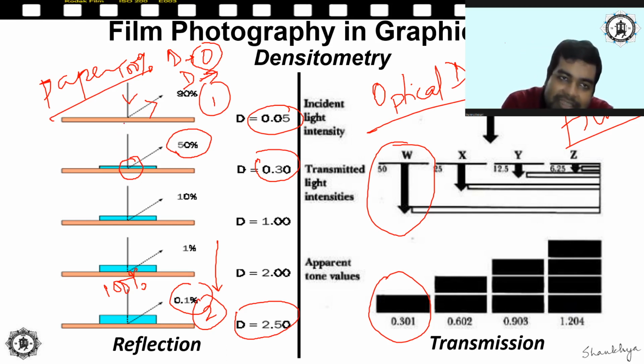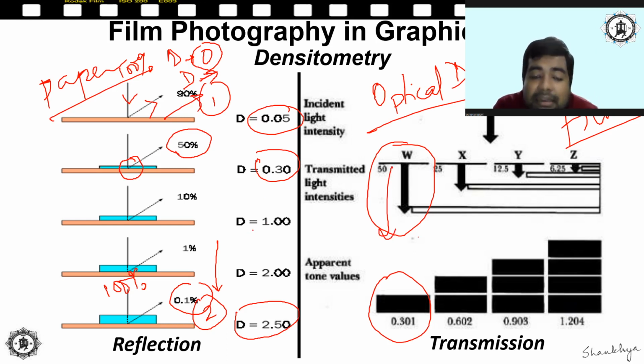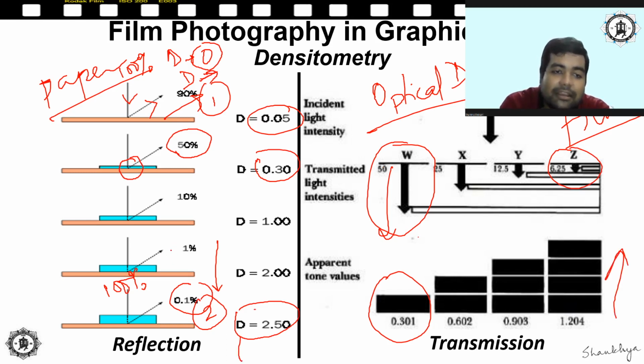That is why most of it is either reflecting back or transmitting. So greater the reflection or greater the transmission of light, lower will be the density, and lower the reflection or lower the transmission of light, greater will be the density. I hope this is clear.